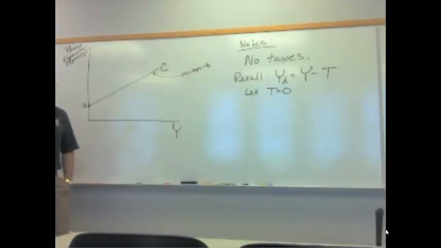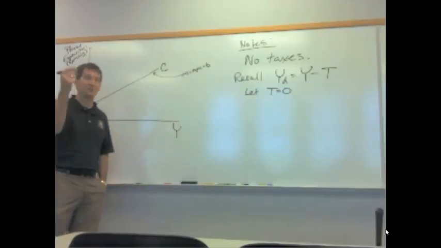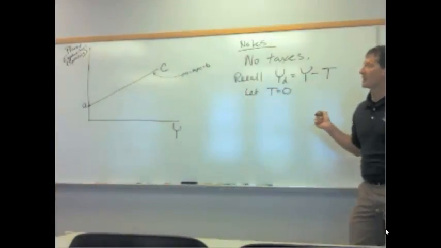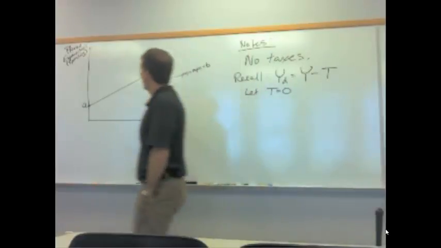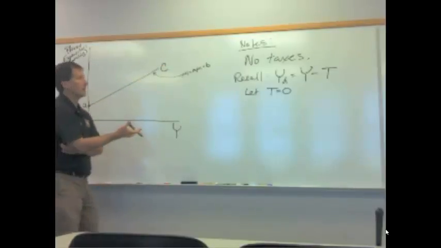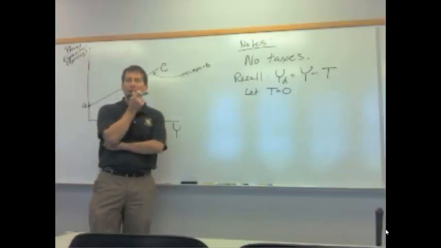I want you to know that it's the marginal propensity to consume, not just B. That'll turn out to be important later. Okay, so there is our consumption function. All right, so where we're going with this is that there's more than just C to explaining the spending going on in the economy. So what are the other parts?